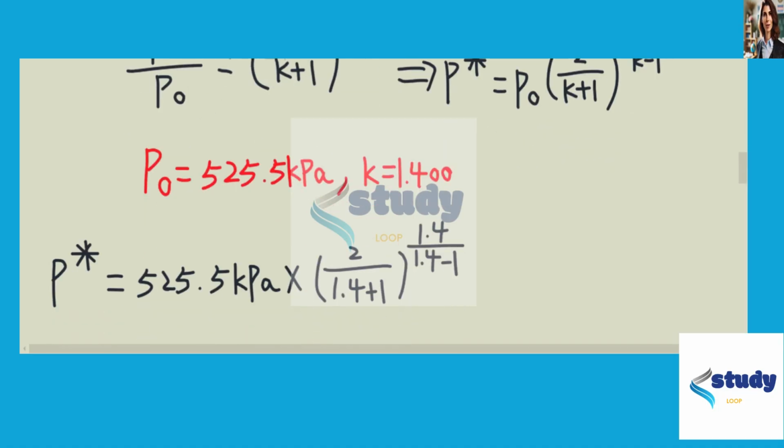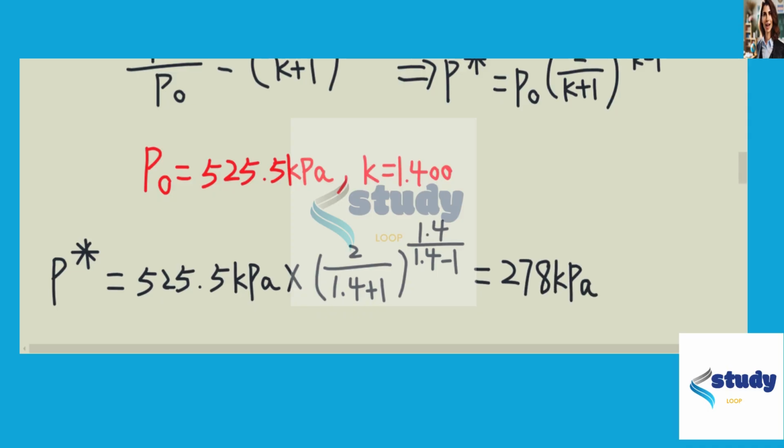And this will give us the critical pressure, or the pressure at this location, of about 278 kilopascal.